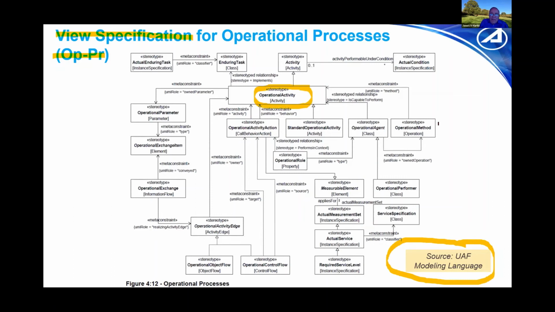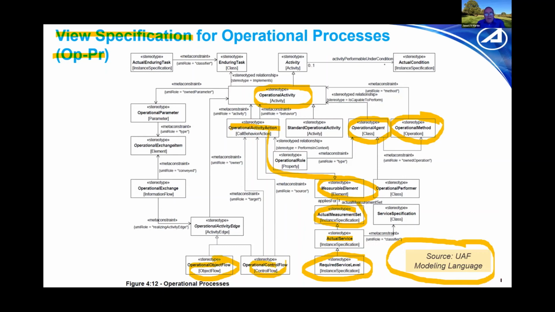Here's operational activity, here's operational method, here's the agent that performs that activity, and you can see there's operational activity actions, which can be measured with a measurable element, which defines in terms of measurement sets. And if it's a service, you can have a required service level for that service that applies to this operational activity action. You can see the operational object flows and control flows.